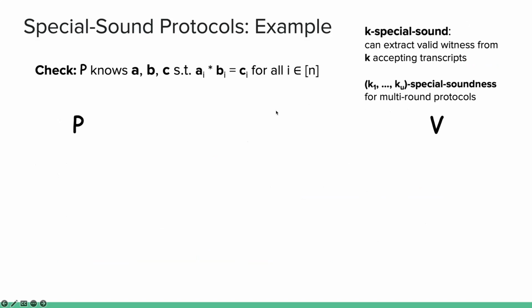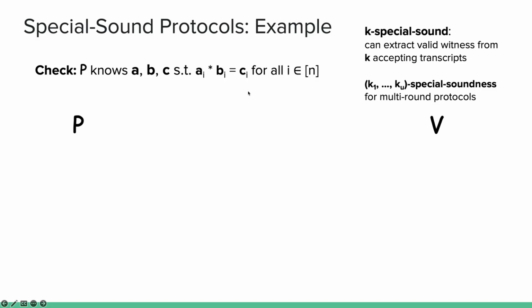Let's take a very naive example here, which doesn't quite make sense, but is just for illustration. The prover wants to show the verifier that he knows three witness vectors, A, B, C, such that they satisfy a certain Hadamard product relation. In particular, every vector is of length n, and they want to show that for every i from 1 to n, A_i times B_i equals C_i.